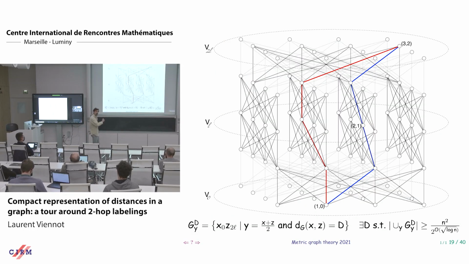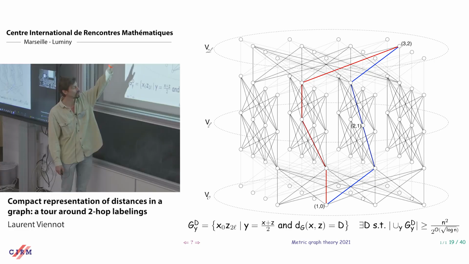So I'm going to show you the previous upper bound, using our graph. So you consider these matchings. So you take a pair of nodes, one node on the bottom layer and one node of the top layer.